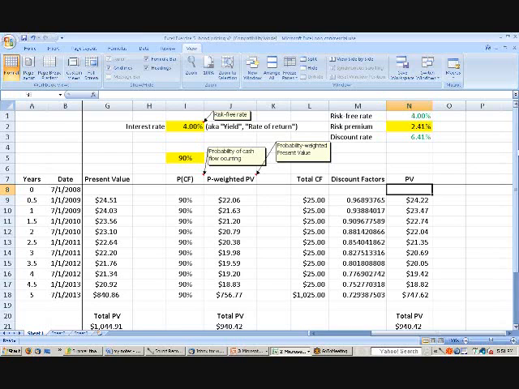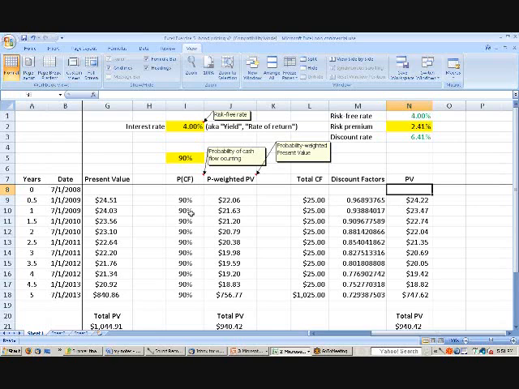So let's pretend for a second that you are an investor or a trader of bonds, and you might use a spreadsheet like this to try to determine what the value of the bonds that you're trading are.